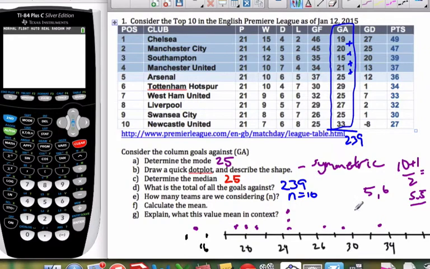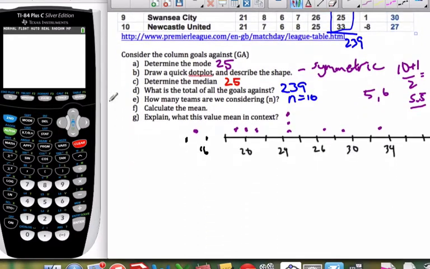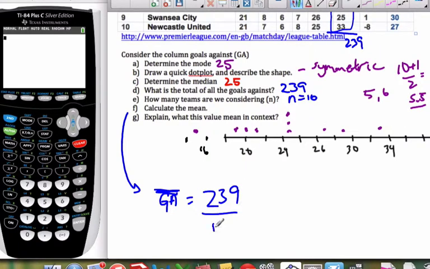If I want to find the mean, I'm looking for the mean of goals against. And the symbol for mean is a line up top. So mean, GA bar, we call that bar. I take the total number of goals scored, which is 239, divided by the number of teams, n.